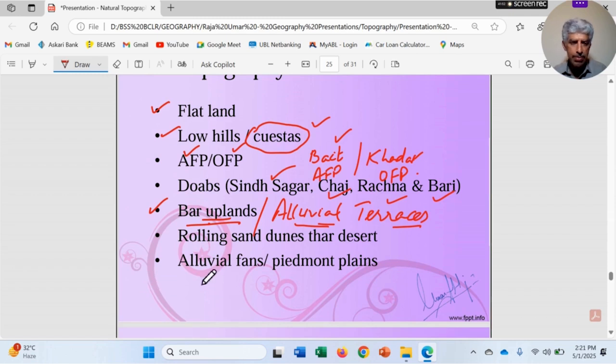Alluvial fans and Piedmont Plains were explained yesterday. Whenever the water divides into so many branches in the plain areas and makes a sort of Chinese fan shape, this region is known as an alluvial fan, and the plain area beyond that alluvial fan is known as Piedmont Plain.